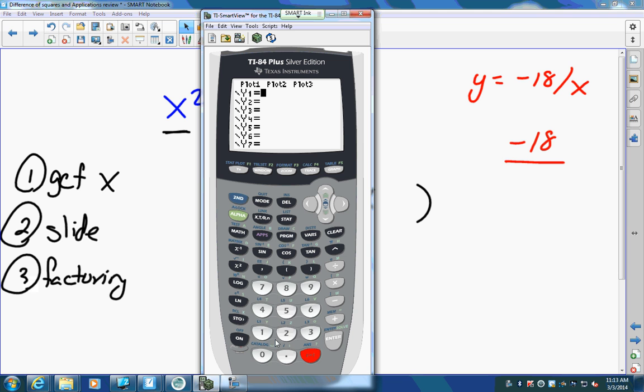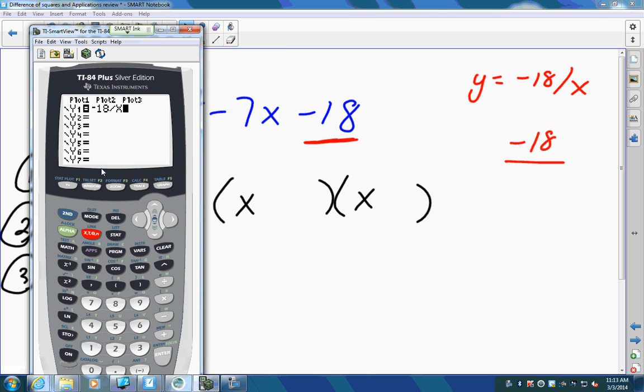I've got negative 18 divided by x. Now, guys, what I'm doing here is trying to find the numbers that multiply together to give me negative 18. That's what all of these numbers are. Now I need to take these numbers and add them together in my head.